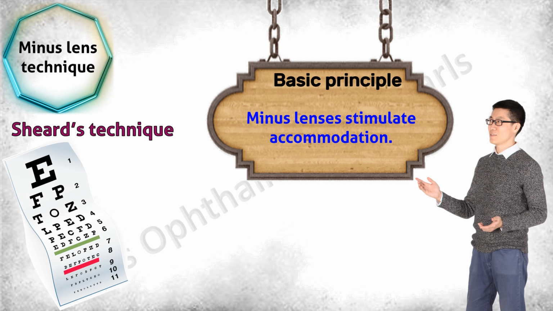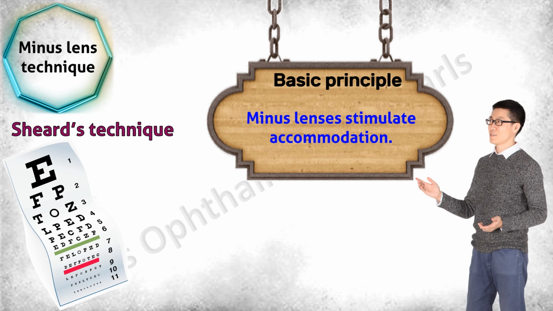The optically induced blur stimulates accommodation in an attempt to maintain a sharp focused image on the retina. The negative lens power is progressively increased until the smallest legible line of a distance Snellen letter chart can no longer be maintained in clear focus.